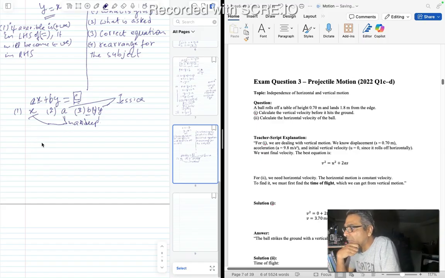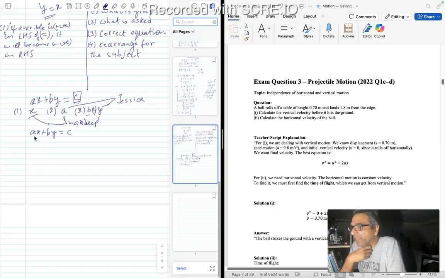I'm writing it down again: ax plus by is equal to c. I'm solving for x first. So we have a combined value of by.